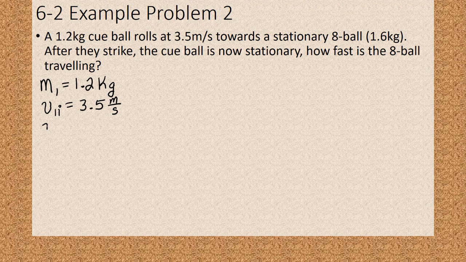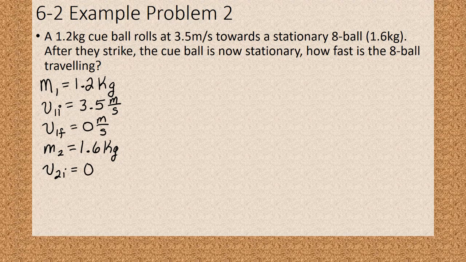We also know its final velocity. We know that it comes to rest. Now, mass 2 is the 8 ball. It's a little heavier, 1.6 kilograms, and it starts at rest. And so we're looking for V2 final.